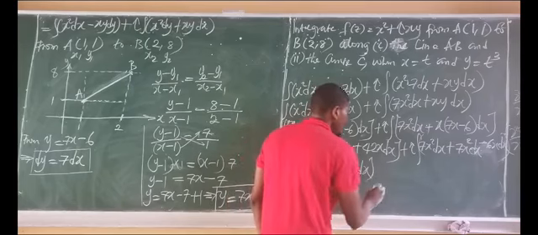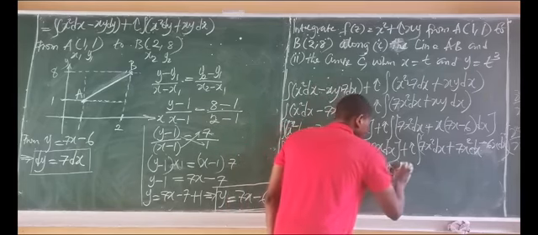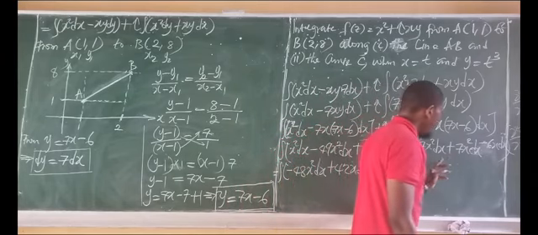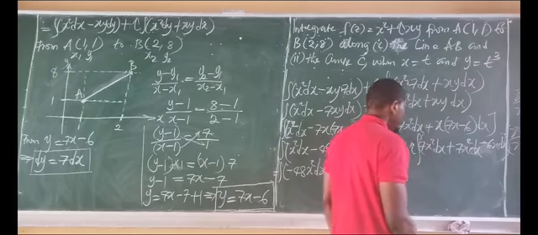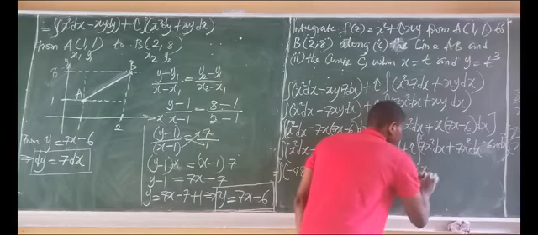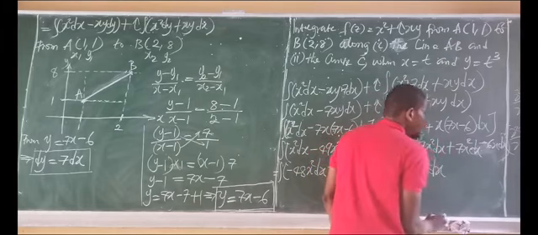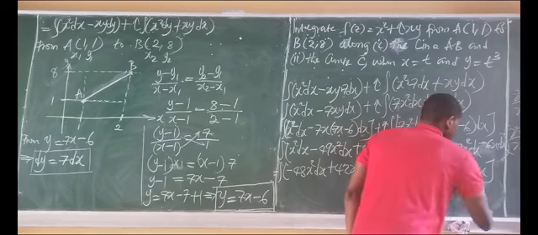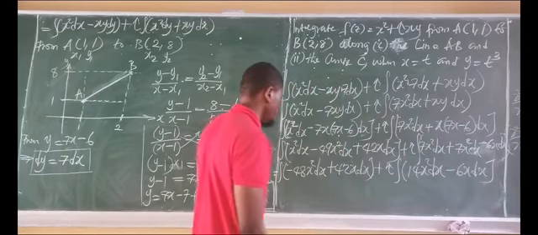You have this plus i integral, this is 7x squared dx plus 7x squared dx. That gives us 14x squared dx minus 6x dx. It's as simple as this.